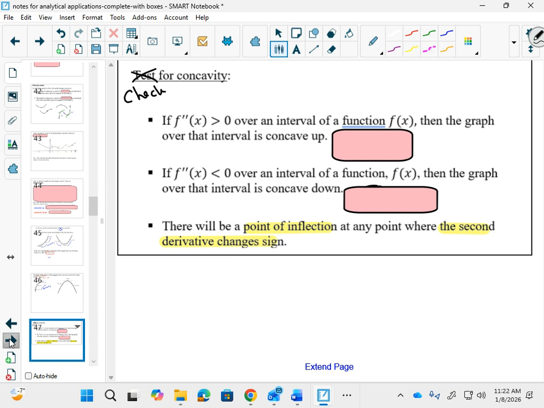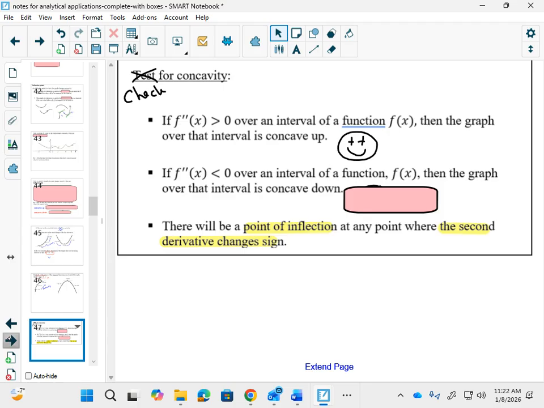Don't want to confuse you later. Check for concavity. Yay. If your second derivative is positive, your original function is concave up.